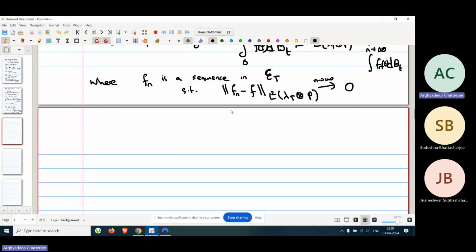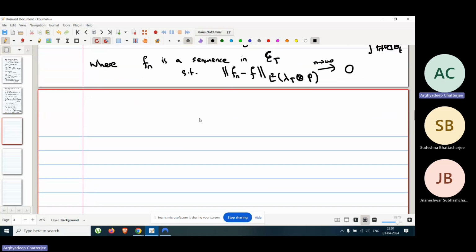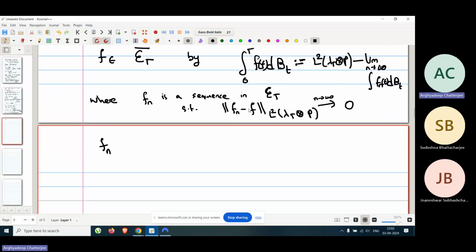So why is this definition unique? And also, why is this defined in the first place? How do we know it is well defined?